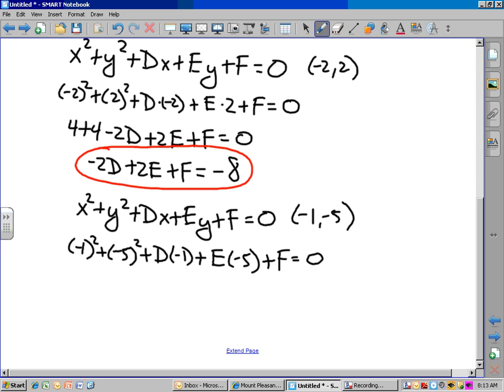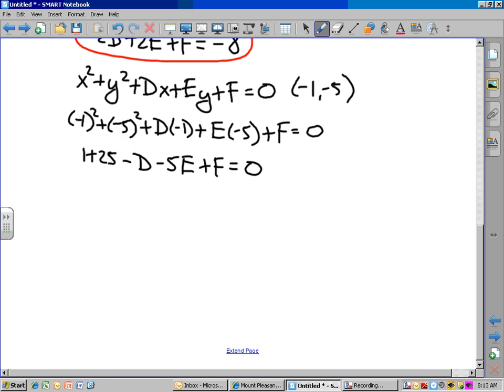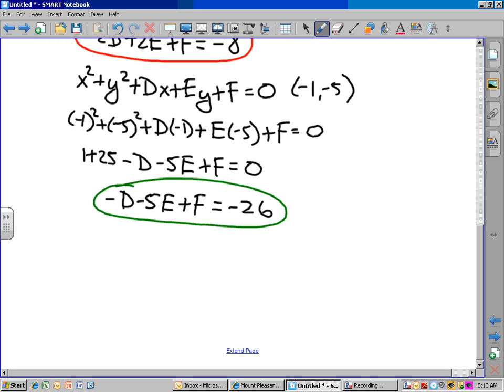Right? 1 plus 25 minus d minus 5e plus f equals 0. So in other words, -d minus 5e plus f equals, looks like -26. Does everybody follow what we've done so far? We've taken the general form and simply plugged in x and y. Yes?